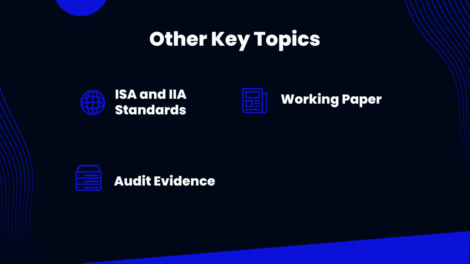And according to the International Standards on Auditing, or ISA, audit evidence must be both sufficient and appropriate. So types of audit evidence include internally generated, externally generated, and audit generated evidence. Audit generated evidence is what we have mentioned before, using the audit procedures.